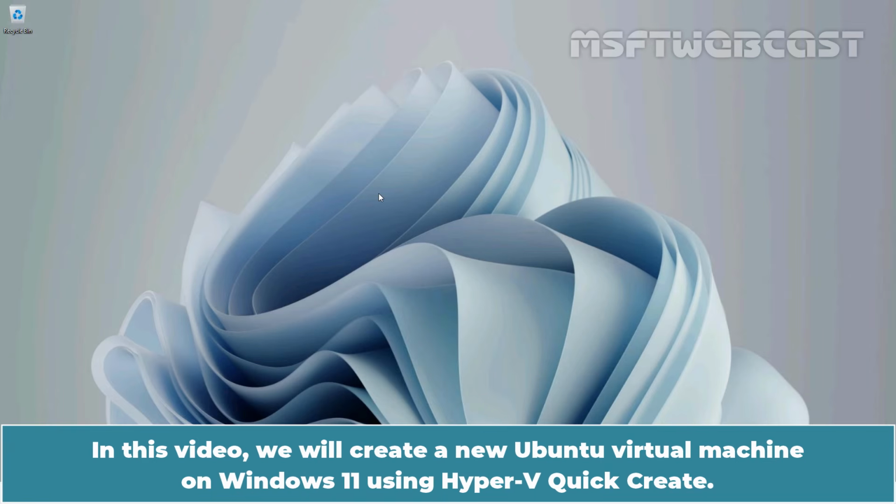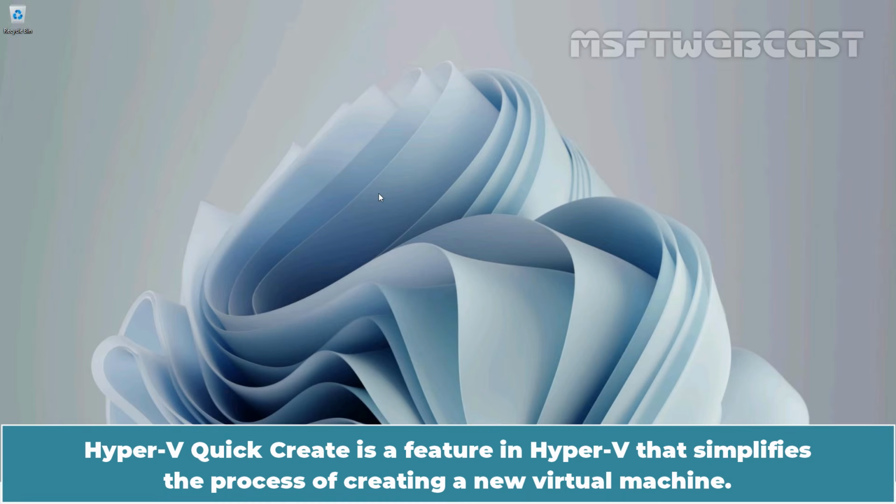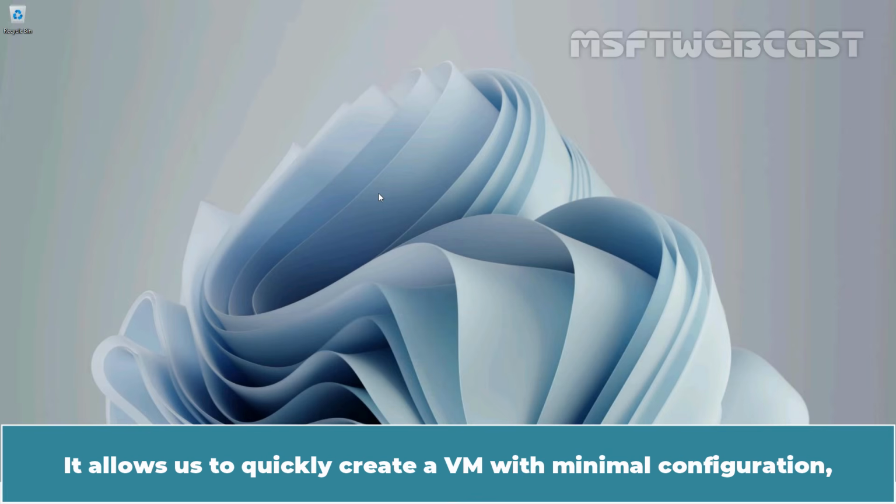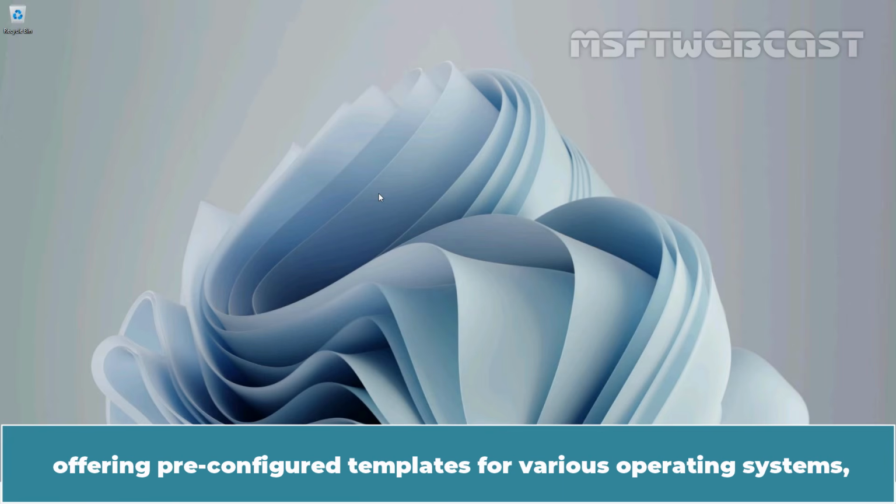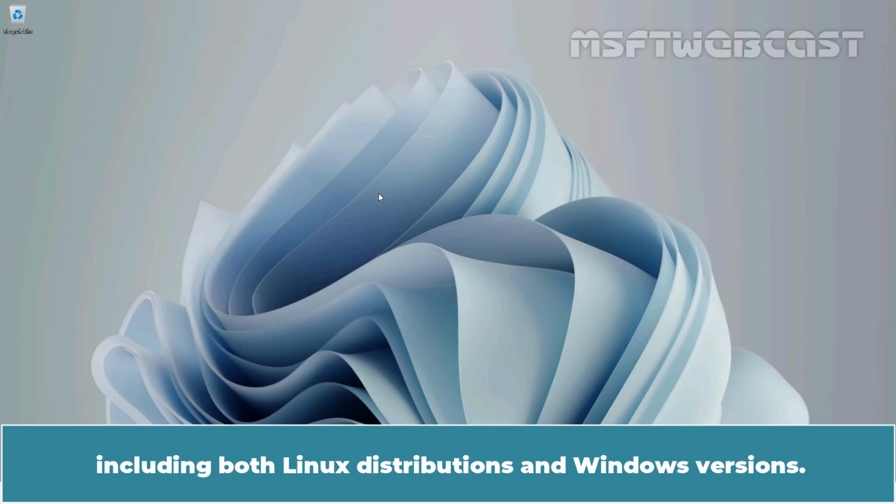In this video, we will create a new Ubuntu virtual machine on Windows 11 using Hyper-V Quick Create. Hyper-V Quick Create is a feature in Hyper-V that simplifies the process of creating a new virtual machine. It allows us to quickly create a VM with minimal configuration, offering pre-configured templates for various operating systems, including both Linux distributions and Windows versions.